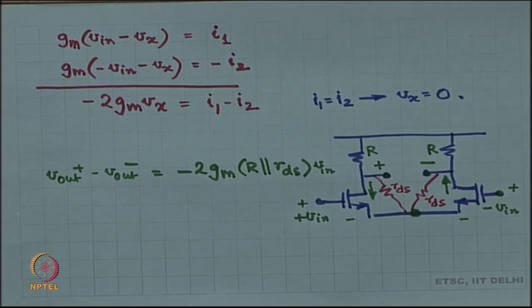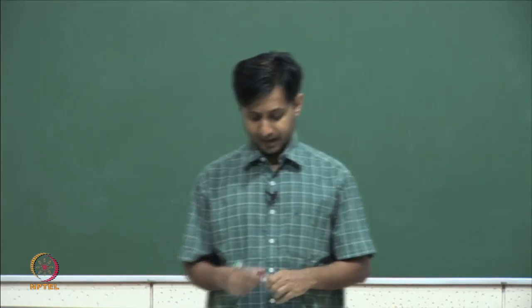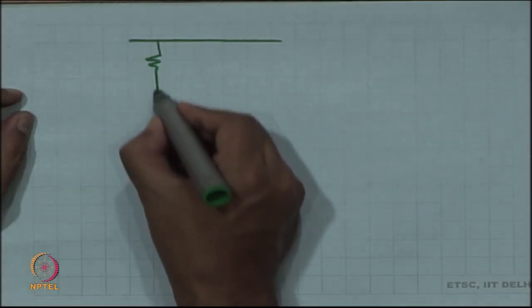Is this okay? Now, you could have solved this using the half circuit method as well, right. In the half circuit method, what you declare is that this is a perfectly symmetric circuit.